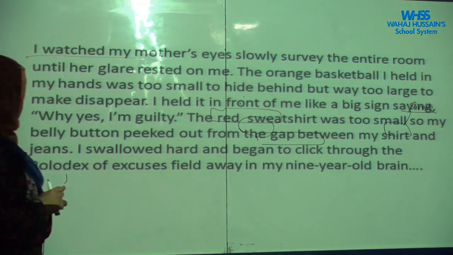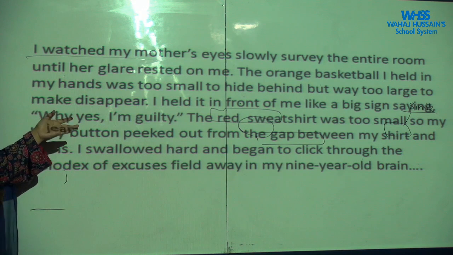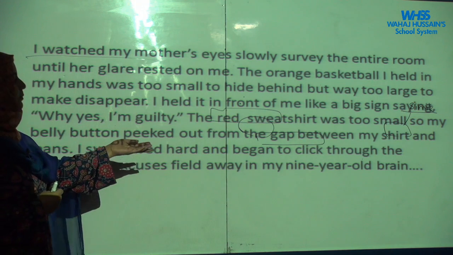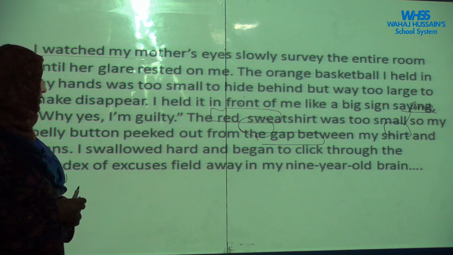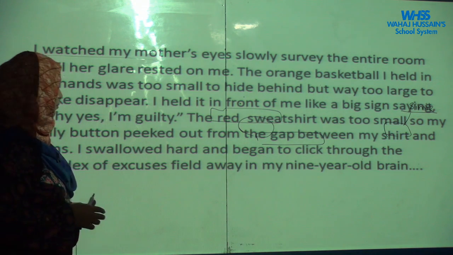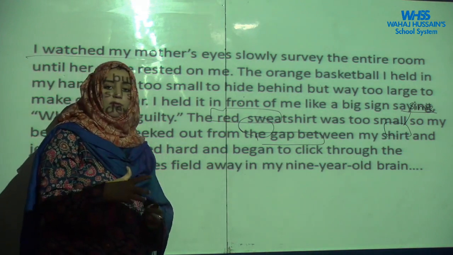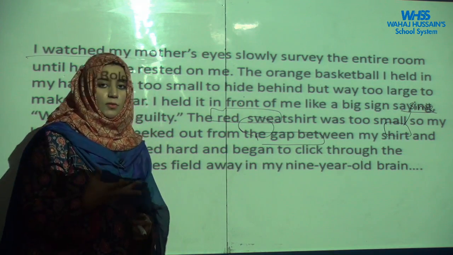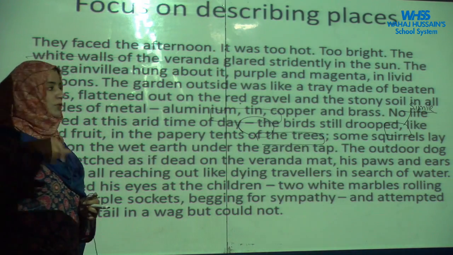The red sweatshirt was too small, so my belly button peeked out from the gap between my shirt and jeans. I swallowed hard and began to click through the Rolodex of excuses filed away in my 9-year-old brain. So this was a very powerful visual impression, and that's what we are seeking. The more the exposure, the better you will be at writing.